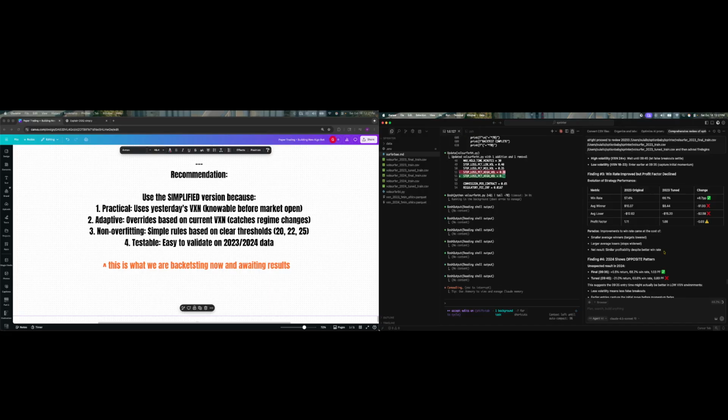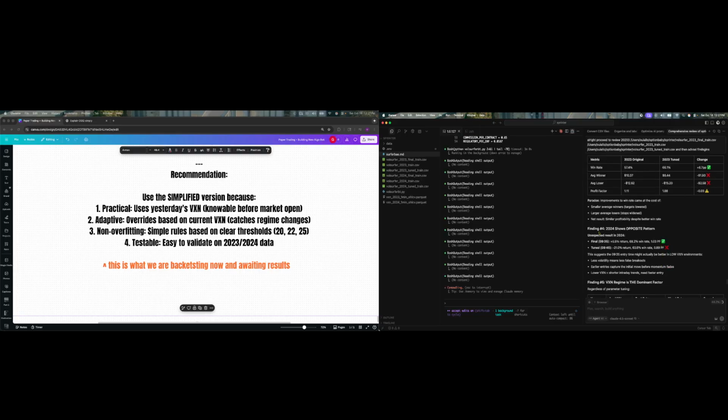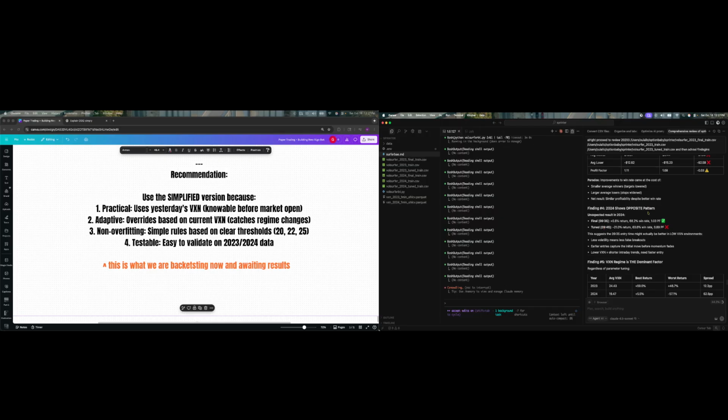That's a paradox. The improvement to the win rate came at the cost of smaller average wins, because the target was lowered, and larger average losers, because the stop loss was widened. Net results show similar profitability despite the better win rate. Finding 4, 2025 shows opposite patterns. Final, right?